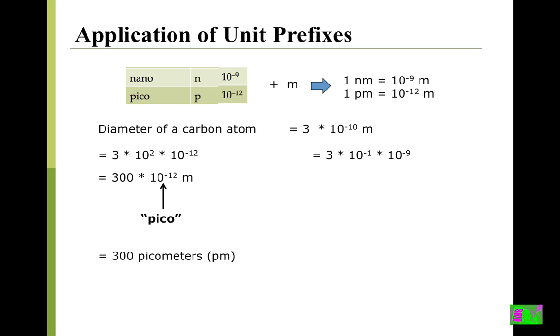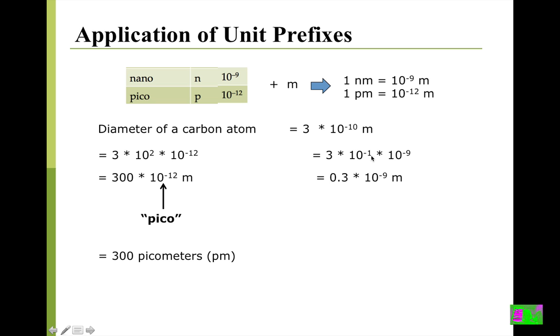What about if we wanted to use nanometers? That would work too. Really, you can use any unit for any measurement, it's just that some are more convenient than others. So if we want to use the nanometer, we need to pull out that 10 to the minus 10th and express it in terms of 10 to the minus 9th. So if we pull out a 10 to the minus 1st, you can see that if you multiply together 10 to the minus 1st and 10 to the minus 9th, you'll end up with 10 to the minus 10th.